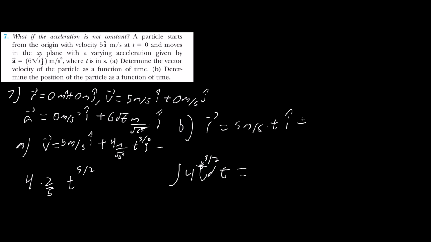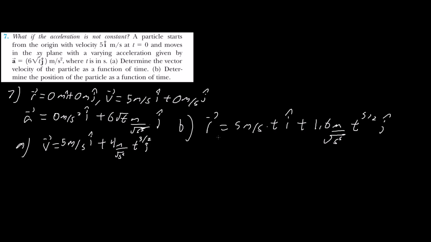And plus the initial, well, it doesn't have that. So it's just going to be straight up 1.6 meters per second to the 5th power times t to the 5 halves power in the j hat direction. I think this is the answer. So I believe this is the answer, guys. I think that's all they want.